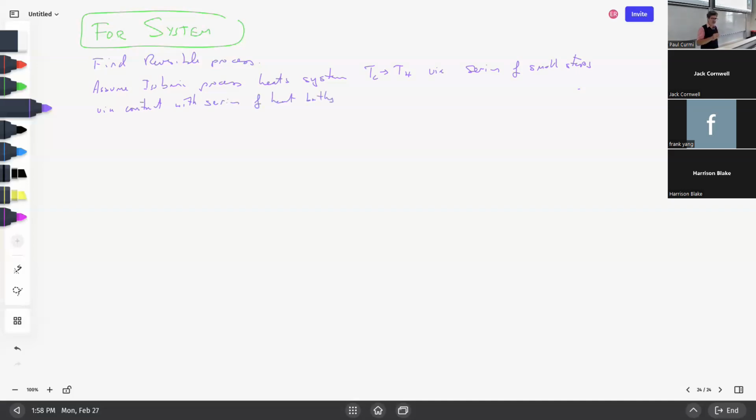So I want reversibles. The first one's going to be at TC, then TC plus delta T, then TC plus 2 delta T, until you get to T hot. Small steps. Delta T is very small.